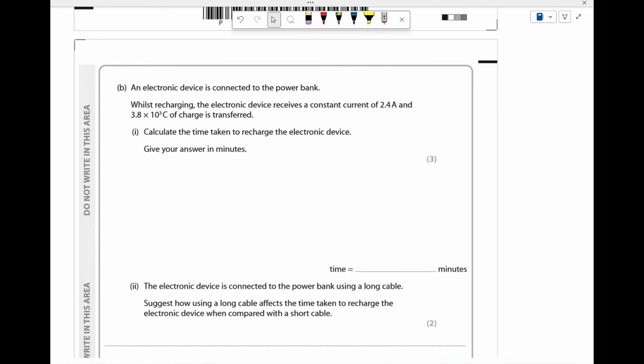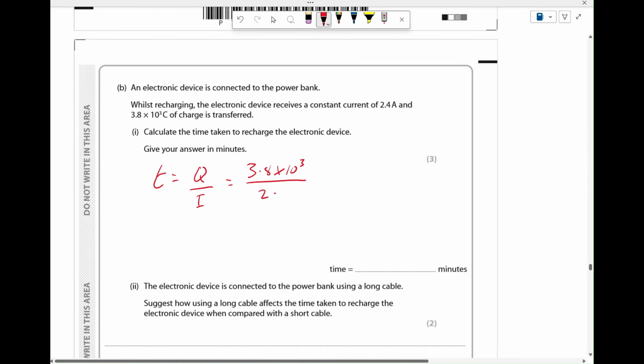An electronic device is connected to a power bank. We're told currents, we're told charge, time equals Q divided by I, 3.8 times 10 to the 3 divided by 2.4. That comes to 1,600 seconds.